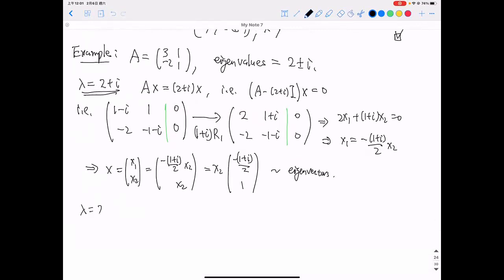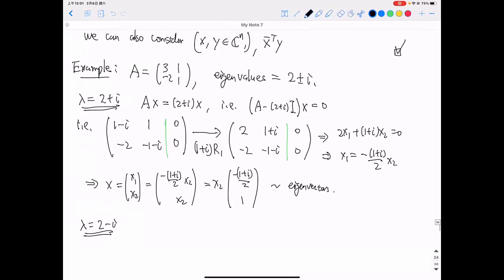Now for lambda equal to 2 minus i, you have to solve the system Ax equal to (2 minus i)x, that is (A minus (2 minus i)I)x equal to 0.